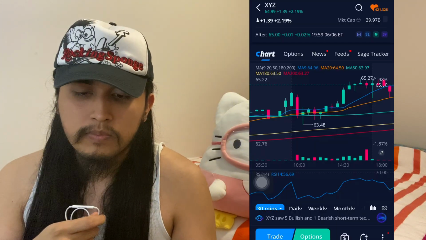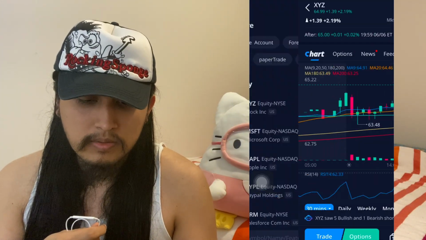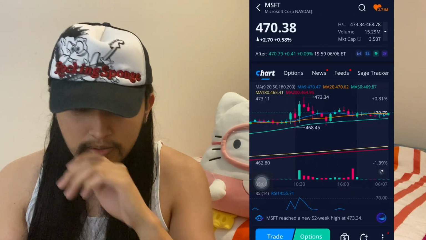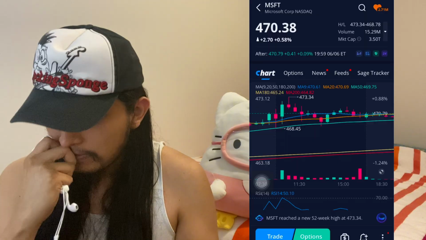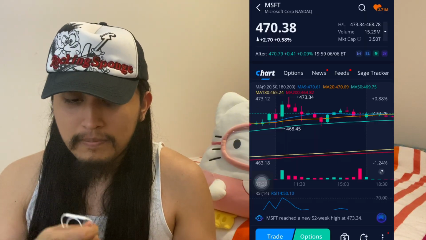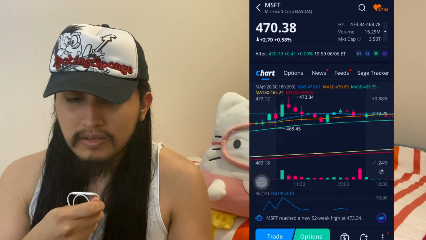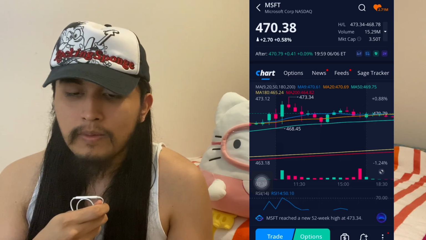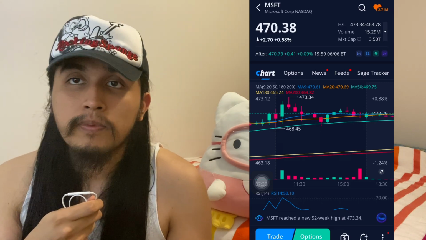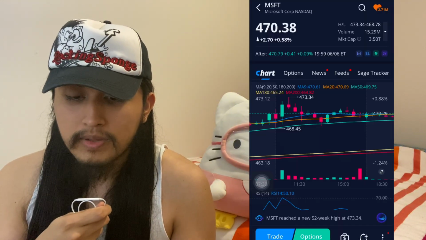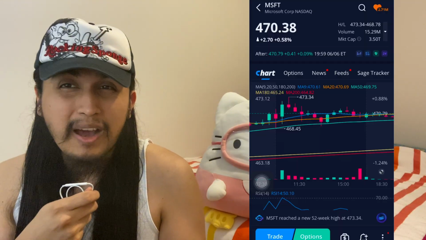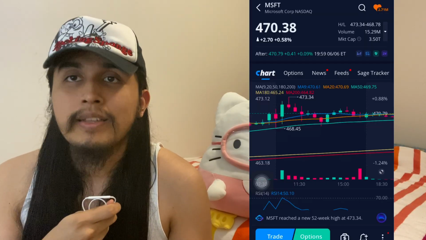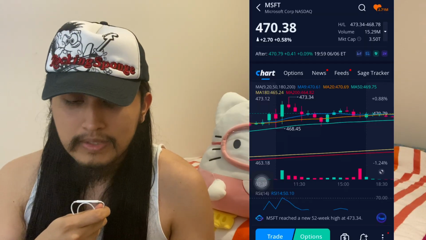For Microsoft, I analyzed the chart, and the 9, 20, and 50-day moving averages looked like this on the chart for today. There could be a possibility that we could see a further uptrend from Microsoft for the day, but will that be 100% guaranteed? Probably yes, probably not, just like any other indicator out there.